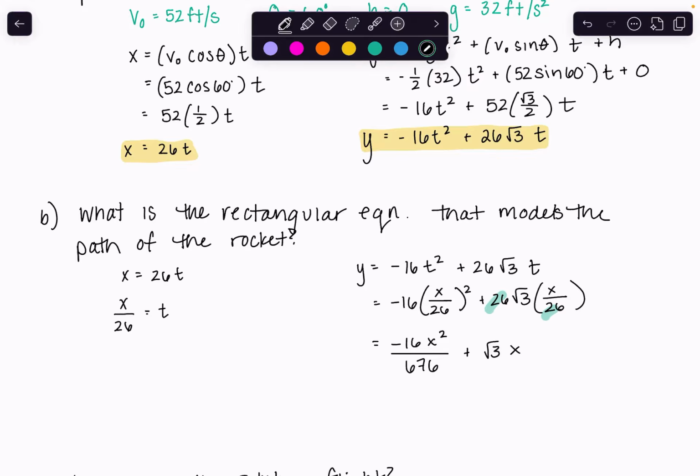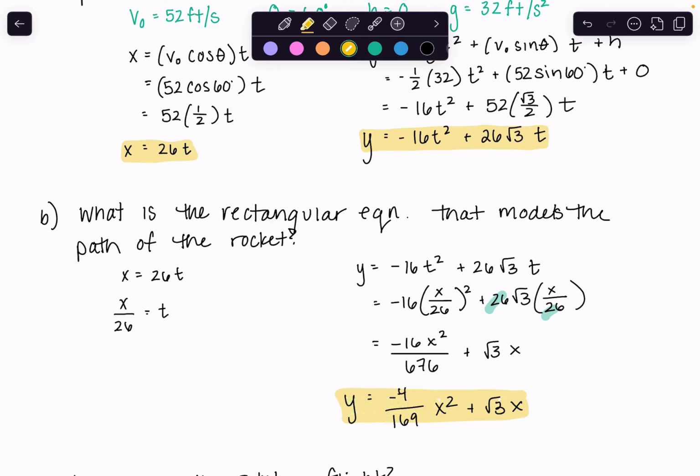Then you can go ahead and simplify. Both of these are divisible by 4. So this would give us negative 4 over 169 x squared plus root 3x. And this is our equation, which again is parabolic, because that is the shape a projectile has.